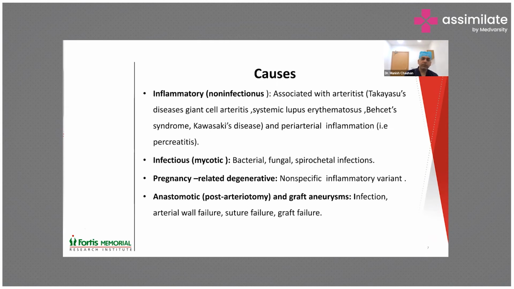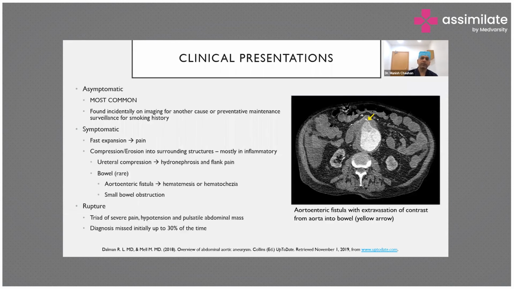Infections, very famous, we must all have heard of mycotic aneurysms. These infections can be fungal and spirochetal, especially in earlier times when treatment for the diseases was not available. People used to end up with syphilis and directly aneurysms. Then Kawasaki's, Takayasu's, giant cell arteritis, and some rare cases in pregnancy and post-surgery can end up with such a condition.